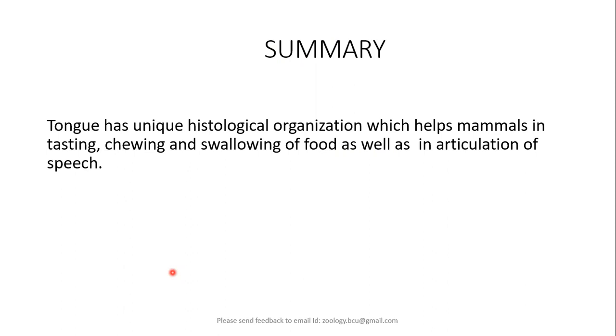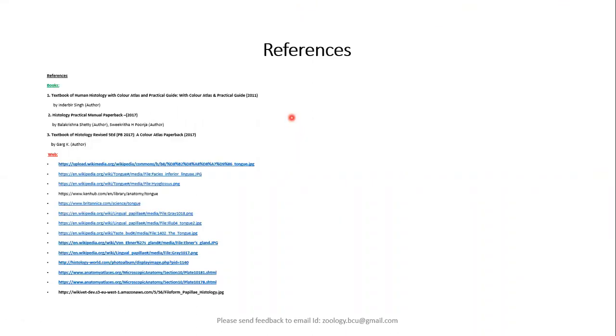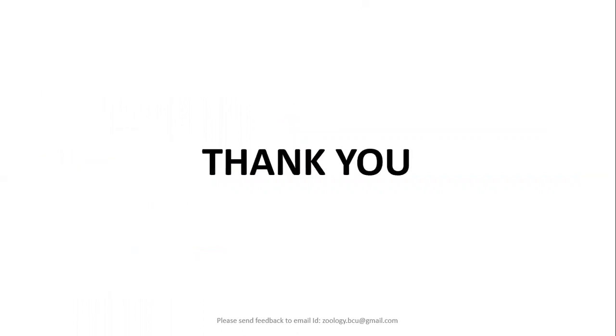Histologically, we can describe it as a sac of mucous membrane enclosing a lot of muscles, and this structural or histological organization of the tongue helps the mammal in the tasting, chewing and swallowing of the food, as well as in the articulation of speech. So these are some of the references used for today's class.